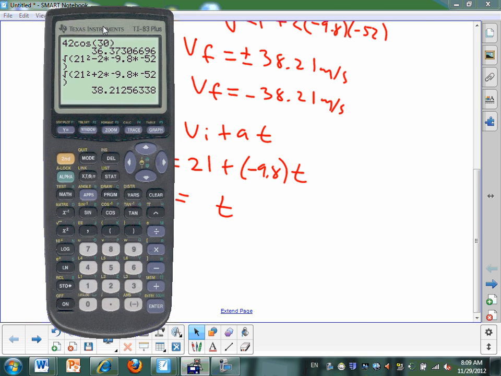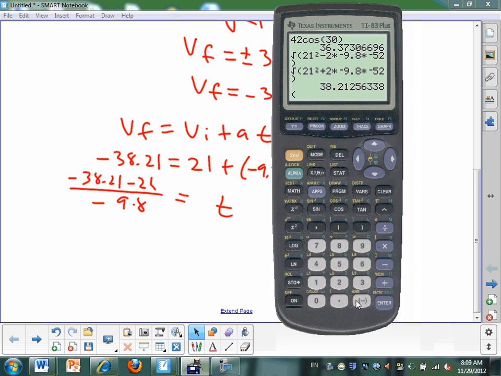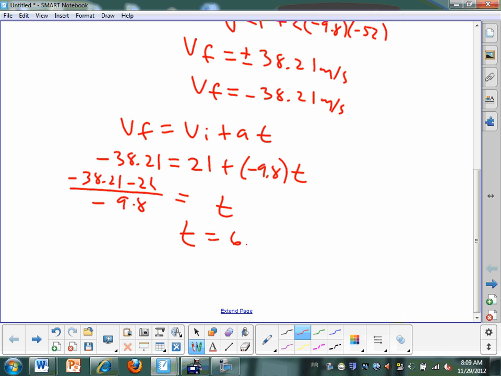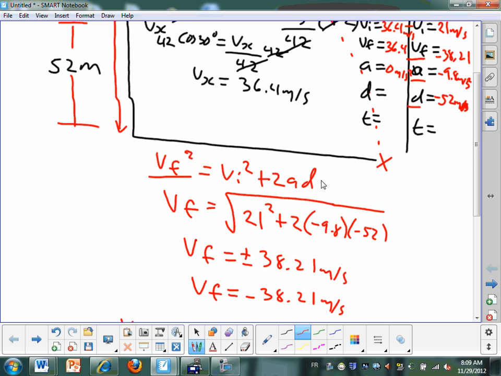Let's see what I get. Double check my formula to make sure I didn't make any mistakes. 6.04 seconds. Now, the time in the vertical part of my journey would be the same time for the horizontal part of my journey. So I know the time it took the projectile to hit the ground.